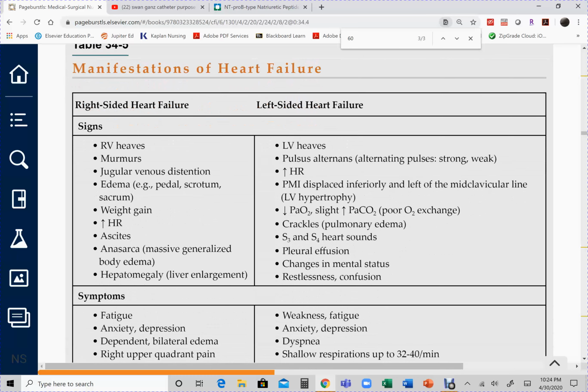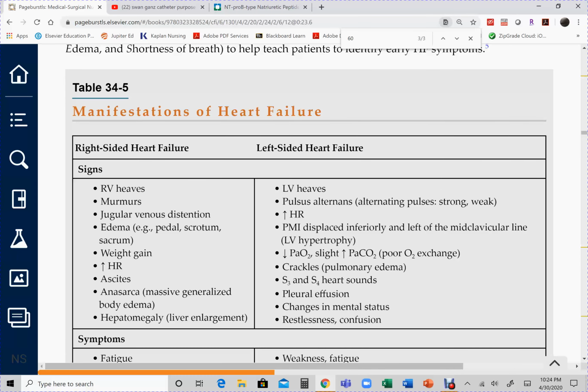So let's trace again the normal flow of blood through the heart. So we know that venous return of deoxygenated blood comes to the right side via the inferior and the superior vena cava. In the case of the blood flow via the inferior vena cava, take note that it has to go through portal circulation.